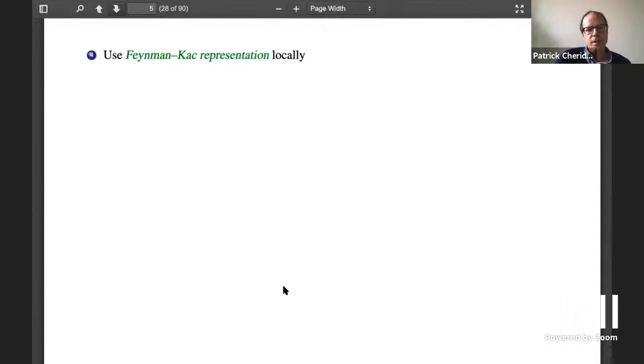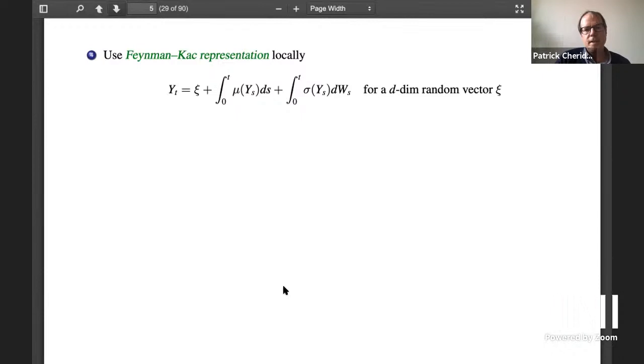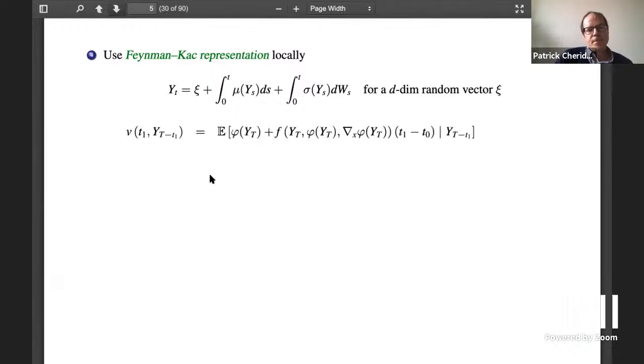So once we locally linearize the equation, we use the Feynman-Kac representation locally. We introduce a diffusion process Y defined by the coefficients mu and sigma. This diffusion process Y is running in the opposite direction.